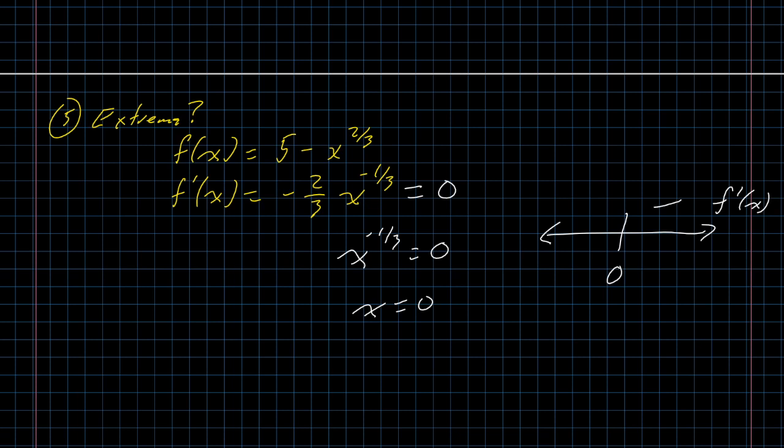The only thing that matters is that it's negative. Plugging in something smaller than 0, like negative 1, we'll get negative 2/3 times negative 1 to the negative 1/3, which is still negative 1. So negative 2/3 times negative 1 is positive 2/3. The only thing that matters is that it's positive. So again, the first derivative test gives us that we have to have a local maximum at this point.